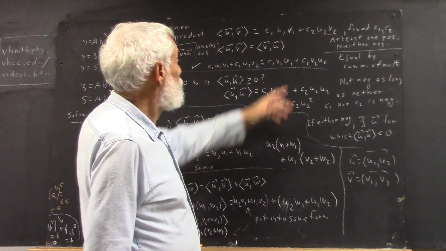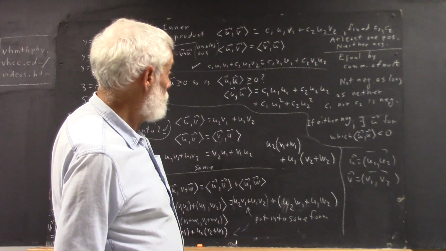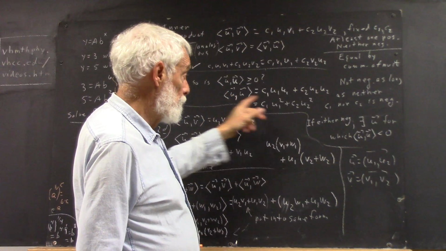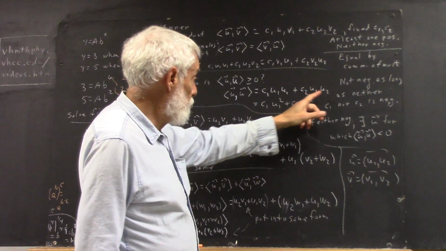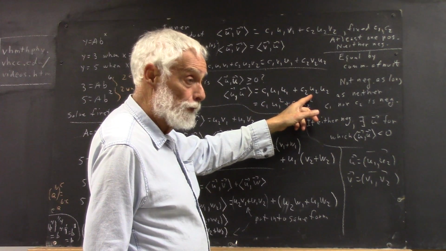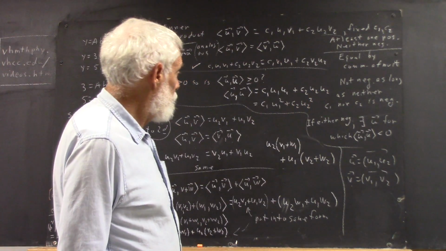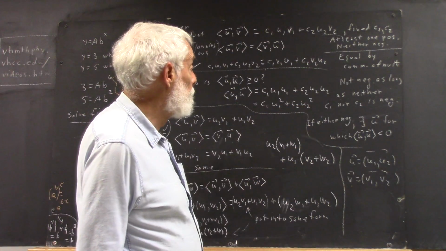And then it's C2 times the second component of the first vector, which is U2, times the second component of the second vector, which is also U2. And of course, that's C1 U1 squared plus C2 U2 squared.